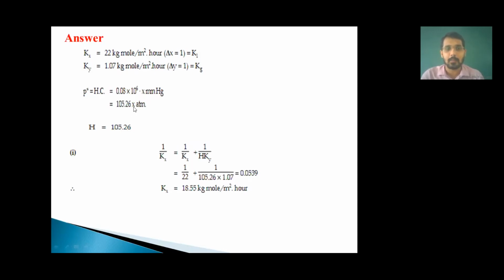X is nothing but composition. So we can compare our standard relation, P star is equal to HC, with 105.26 x atm. So we will get here that Henry's law constant, capital H, is equal to 105.26.